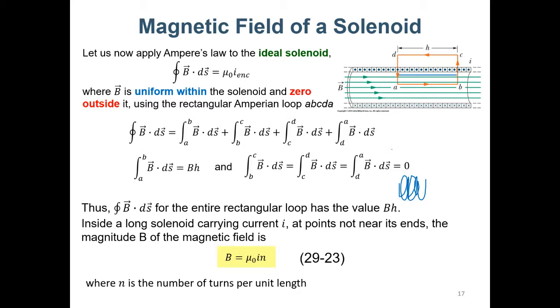Small n is the number of turns per unit length. So we can write for the left side, it is B h. For the right side, it is mu 0 times I enclosed, which is I n h. And h is cancelled. So the rest is B equals mu 0 I n, where n is the turns per unit length.